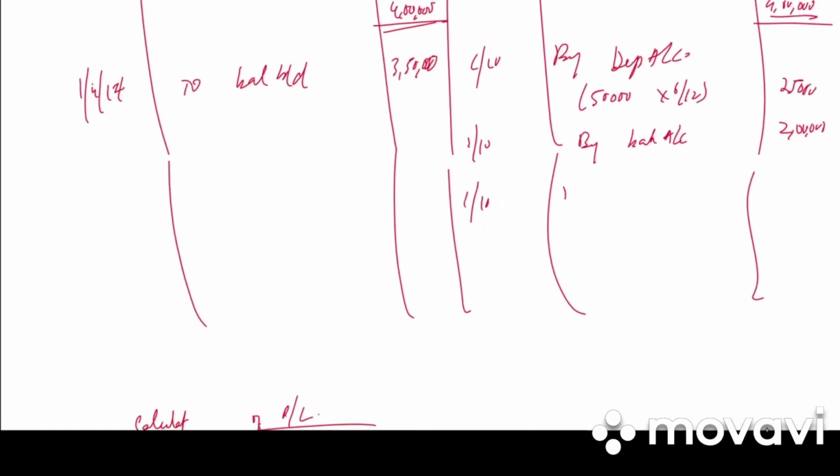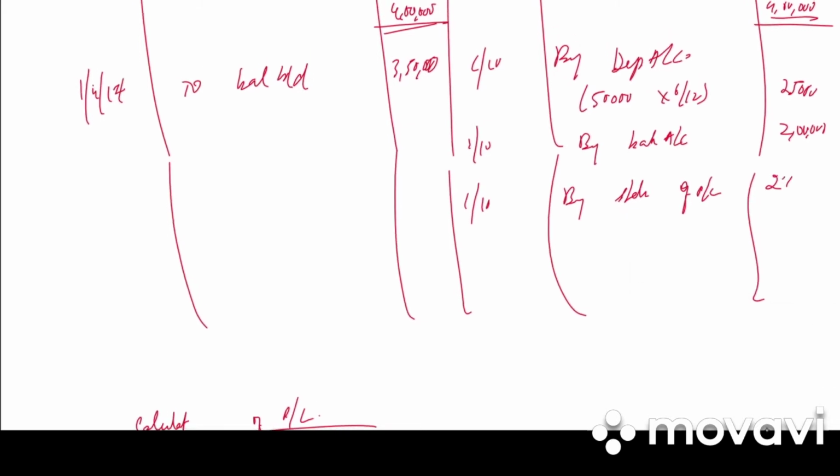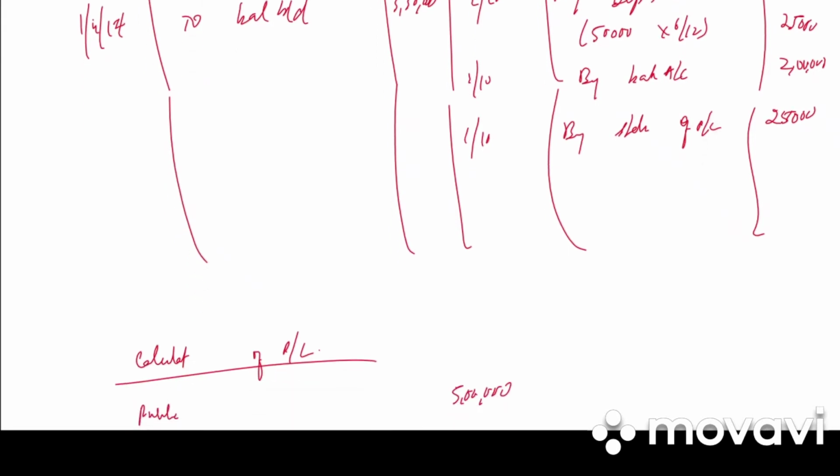So on 1st October by statement of profit and loss account, 25,000. Then the balancing figure, 3,50,000, 3,50,000. So this is method 1 where provision for depreciation is not maintained.